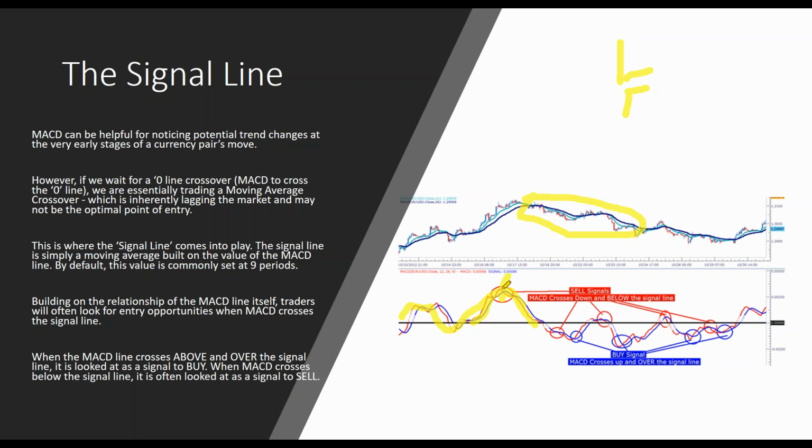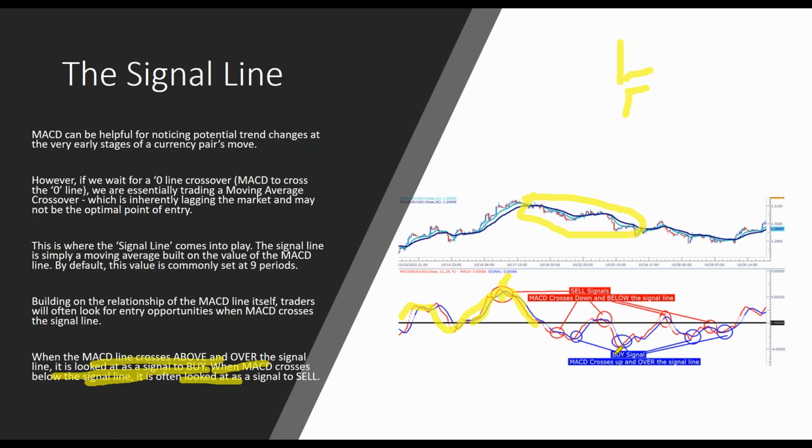So when we get the crossover between the MACD line and the signal line, that moves a lot closer, gives us a more viable signal. So when the MACD line crosses above and over the signal line, it is looked at as a signal to buy. When MACD crosses below the signal line, it is often looked at as a signal to sell.